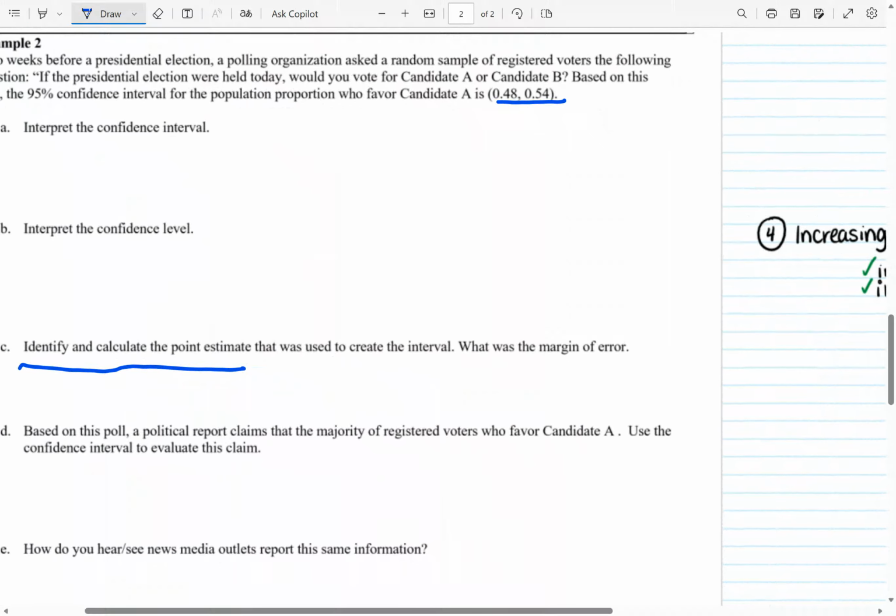One way you can do that is by averaging those two. So I can take 0.48 plus 0.54 and average the two. So grab my calculator. And I'm getting 0.51. So 0.51 is my point estimate.